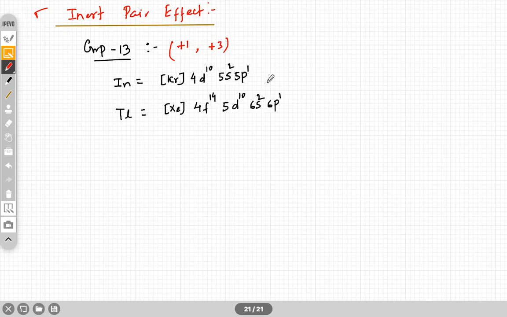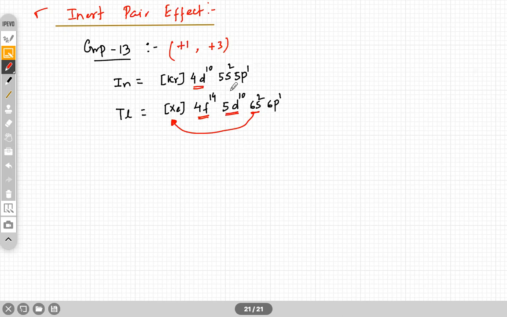Okay, but what happens as we go down the group? There is weak shielding effect of 4f and d subshell. Because of this weak shielding effect, this 6s electron is strongly attracted towards the nucleus. If you want to remove this electron in order to show +3 oxidation state, you have to provide a lot of energy.